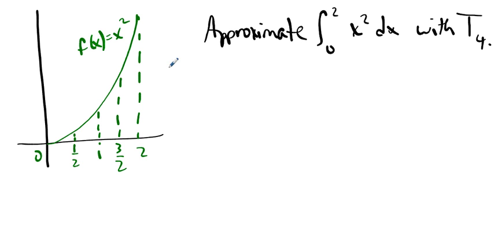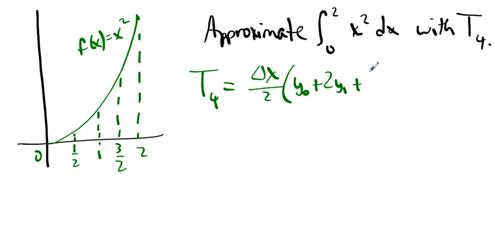And so we think that the trapezoidal approximation with 4 subintervals is delta x over 2 times the first y value, 2 of everybody else, and then the last guy. So what's that?